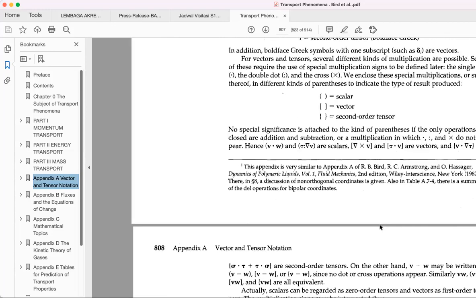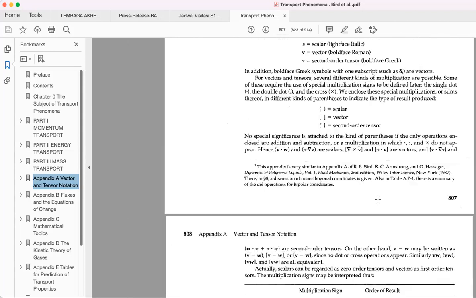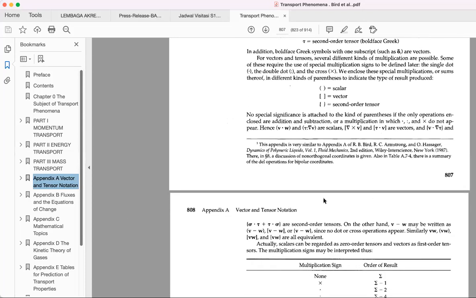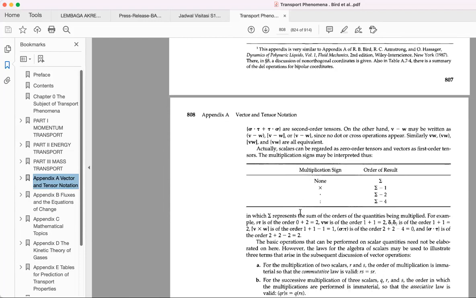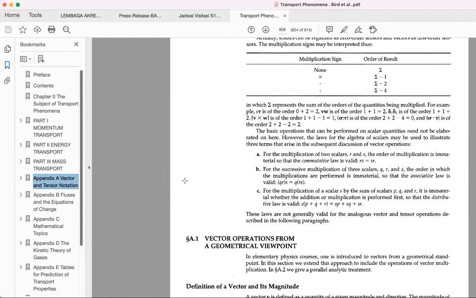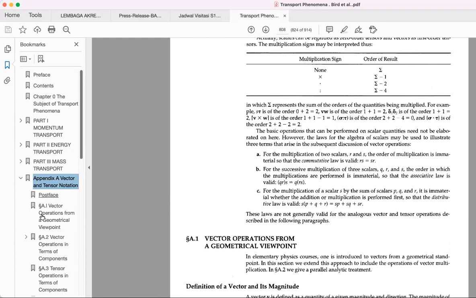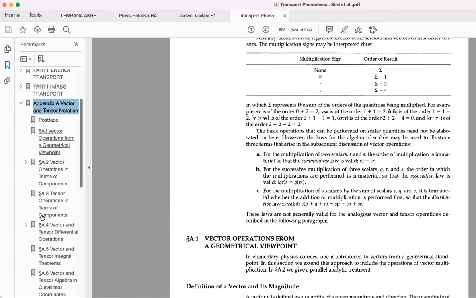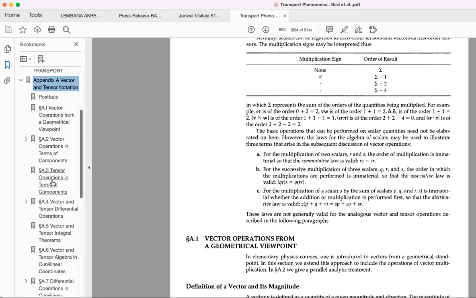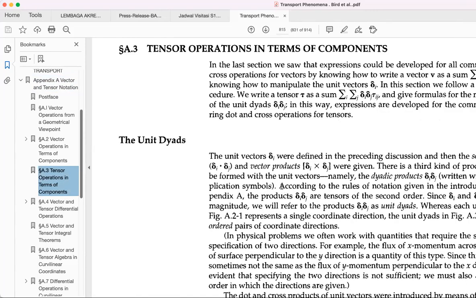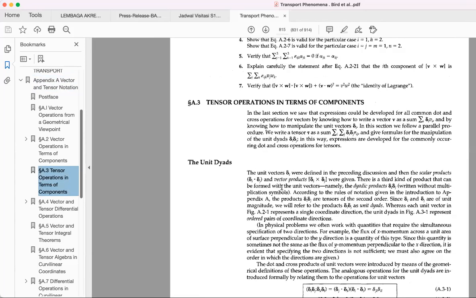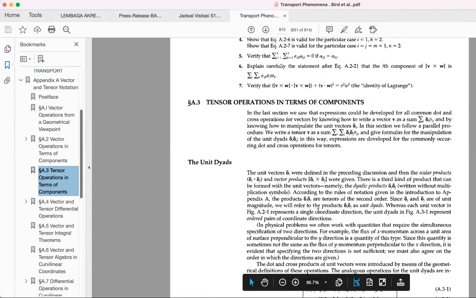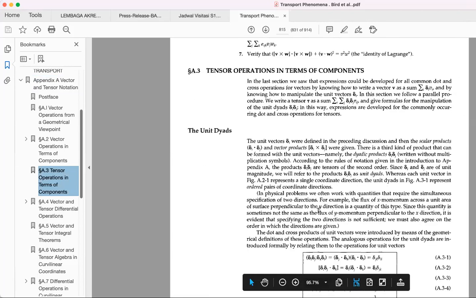Later on, for the operation you can look at the tensor there. But the tensor is actually the vector multiplied by vector.